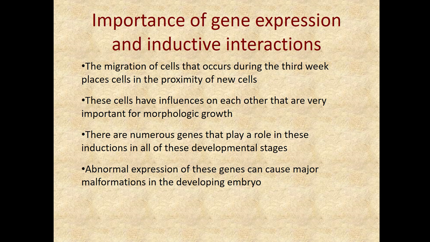And so the influence that cells have on each other can really not be understated. And if you're reading the textbook, you'll see a lot of paragraphs about the different genes that are responsible for different roles in development. And although you don't need to memorize all those genes, it is important for you to understand the big picture that this process is occurring.